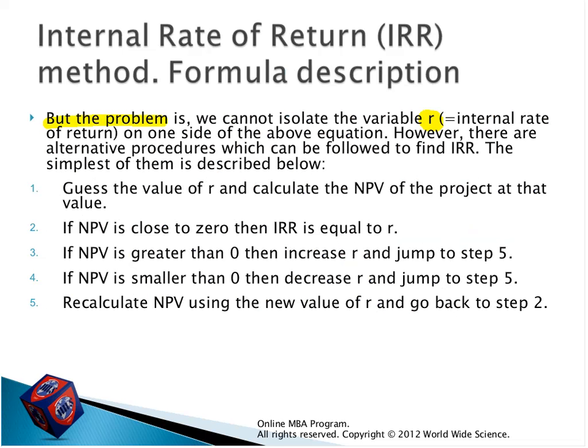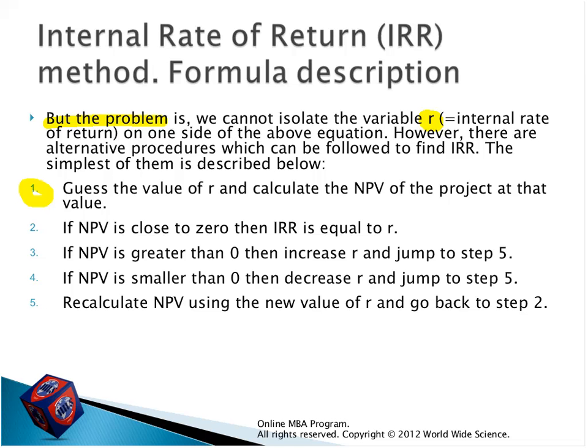The first step: get the value of R, the internal rate, and calculate the NPV of the project at that value. That means we can just make an assumption of the discount rate at which the NPV would be equal to zero.